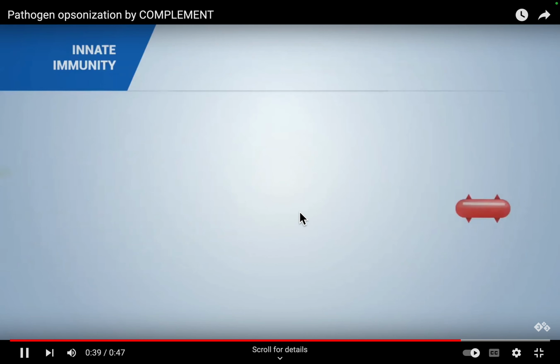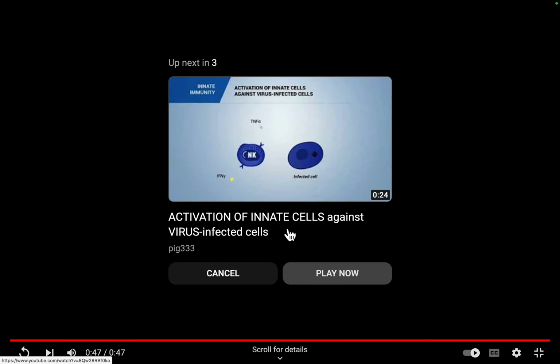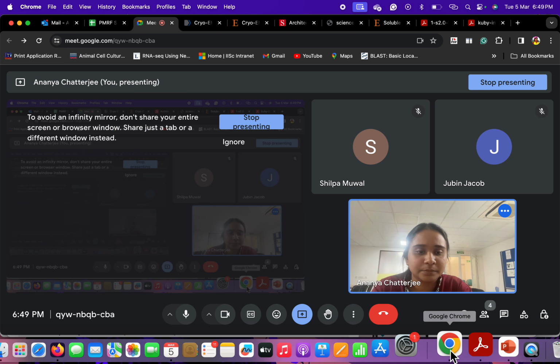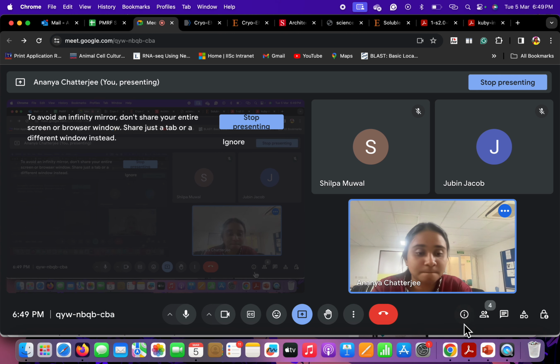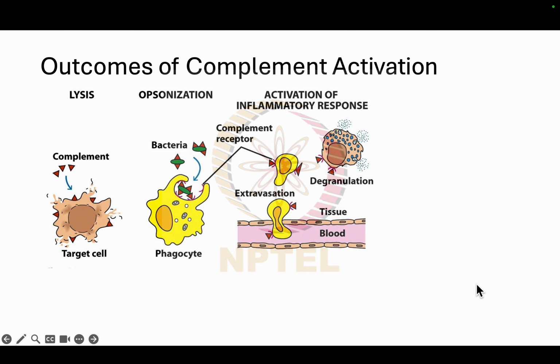And then it gets engulfed. These are different antimicrobial peptides, just breaking the pathogen. So this is called opsonization.